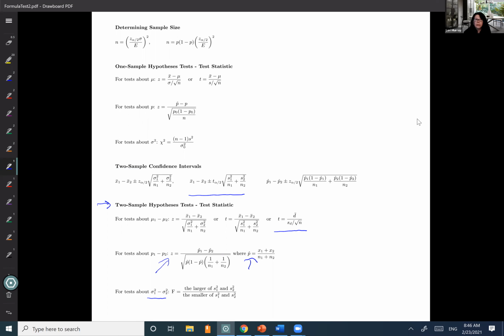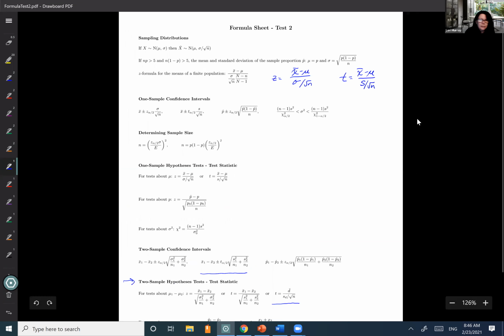This will always work, but use the tables that I provided to take the larger value, whether it's the variance of the first population or the variance of the second population, take the largest value and divide it by the smallest value and keep the corresponding degrees of freedom in that order as well. And it will always work for you, whether it's a one-sided test or a two-sided test. Right? Any questions?